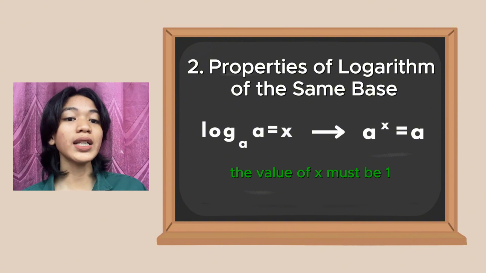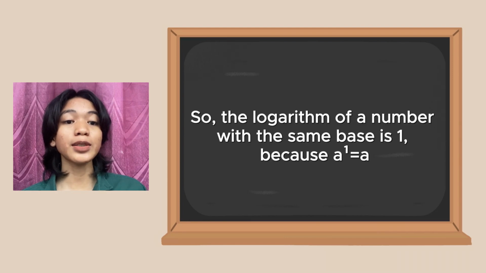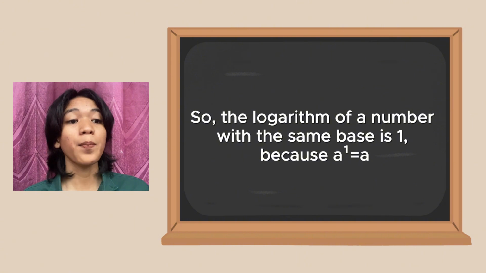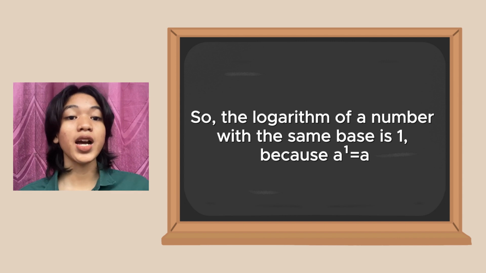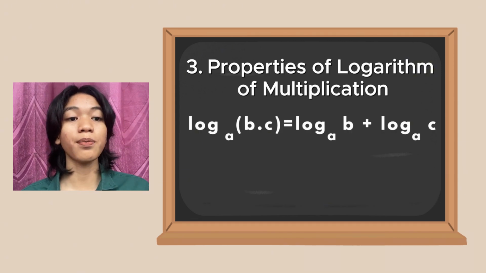To fulfill this equation, the value of x must be 1. So log base a of a equals 1. So the logarithm of a number with the same base is 1 because a to the power of 1 equals a.